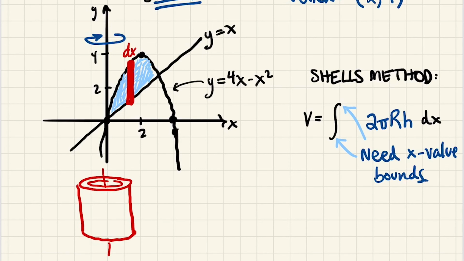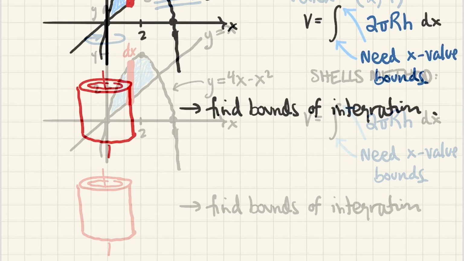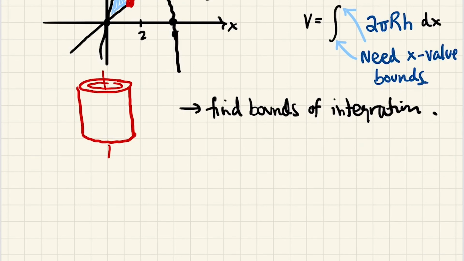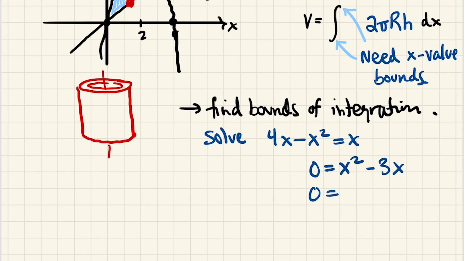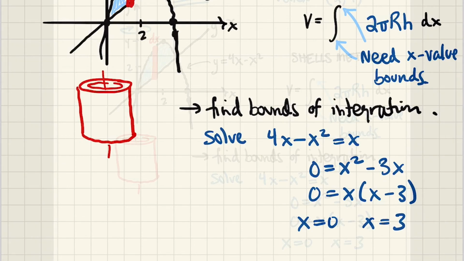So we also need an r and an h. So let's start by finding the bounds. We're just going to set the curves equal to each other and solve. Okay, this is a quadratic equation, so we'll just move everything to one side. And we can see that our bounds are going to be x equals 0 and x equals 3.